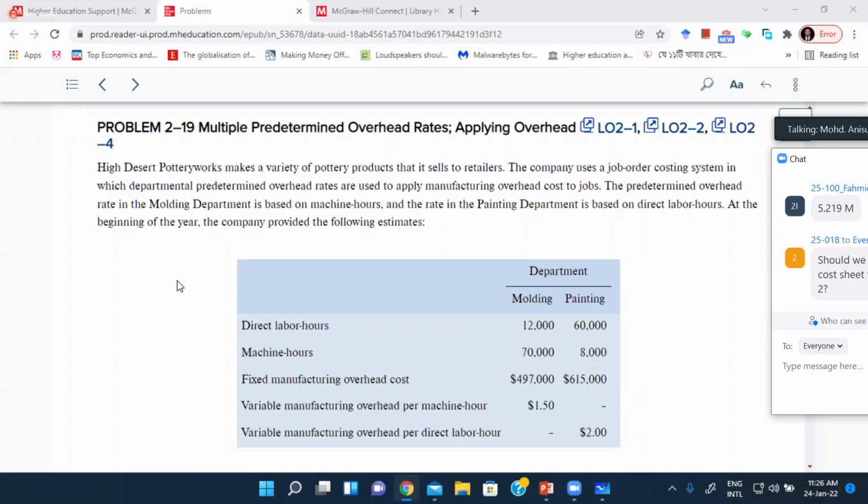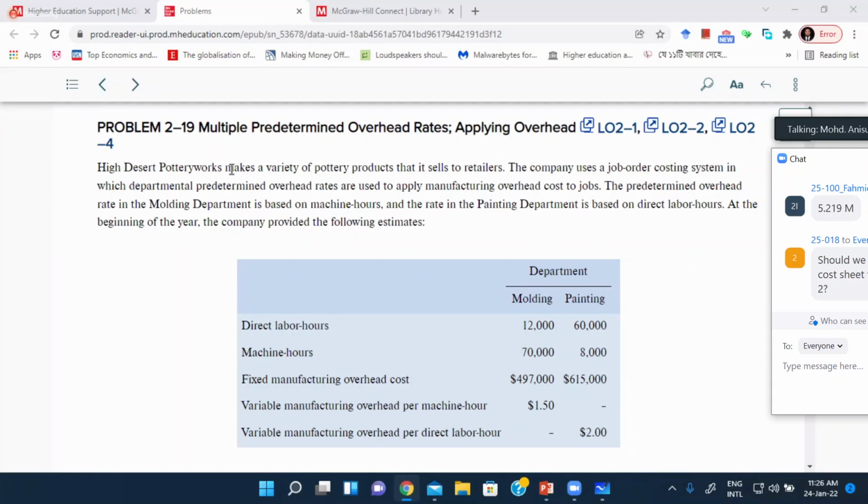Some departments might use more machines, some departments might use more labor. So it will be wise if we use the department-wise predetermined overhead rate instead of using the plant-wide predetermined overhead rate. So that is the application of what we understood in previous classes.